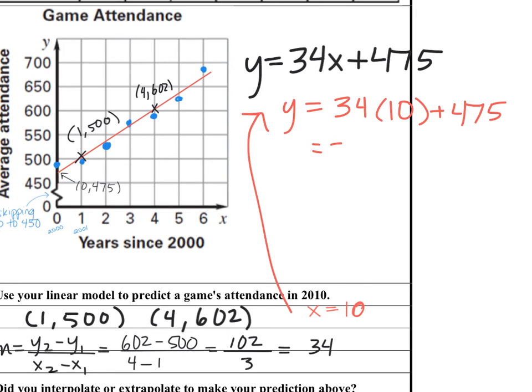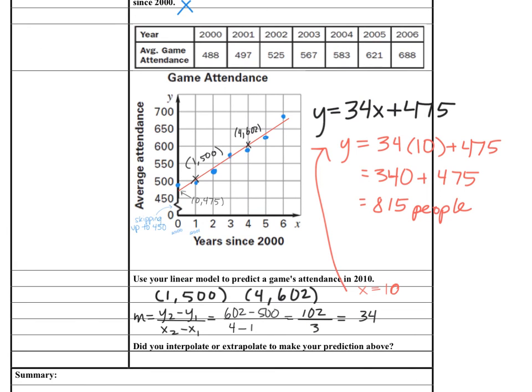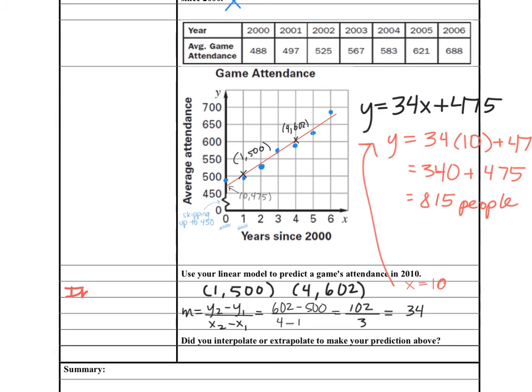Well, that would be 340 plus 475. So our prediction is that in 2010, there would be 815 people in attendance.